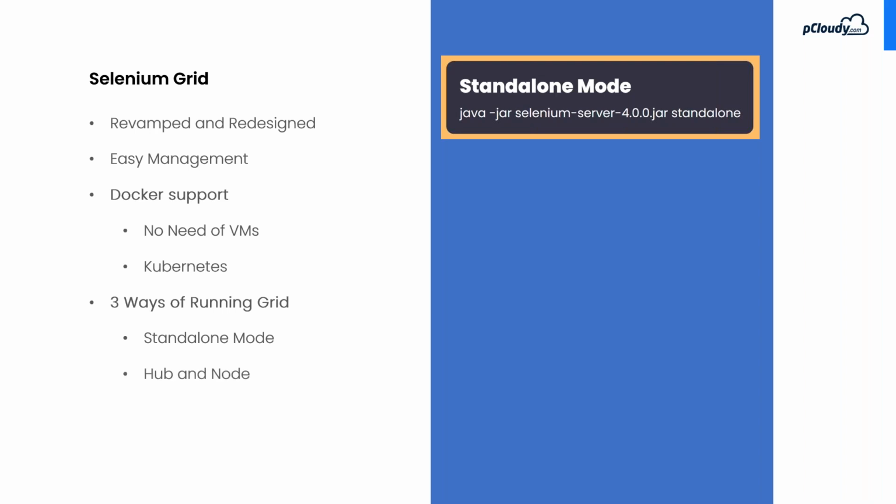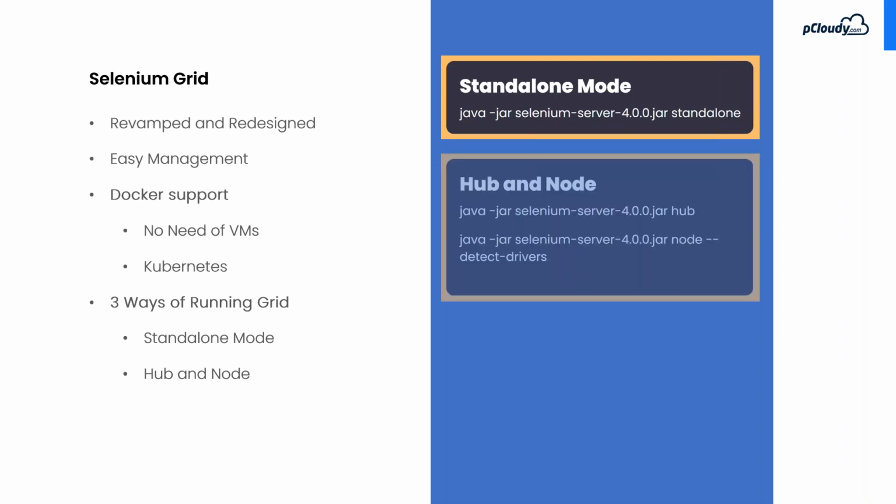The second way is hub and node, which is the traditional, old way where we used to start the hub and register the node. These are the commands for the hub and node. The third one is distributed. There is a huge advancement made here.